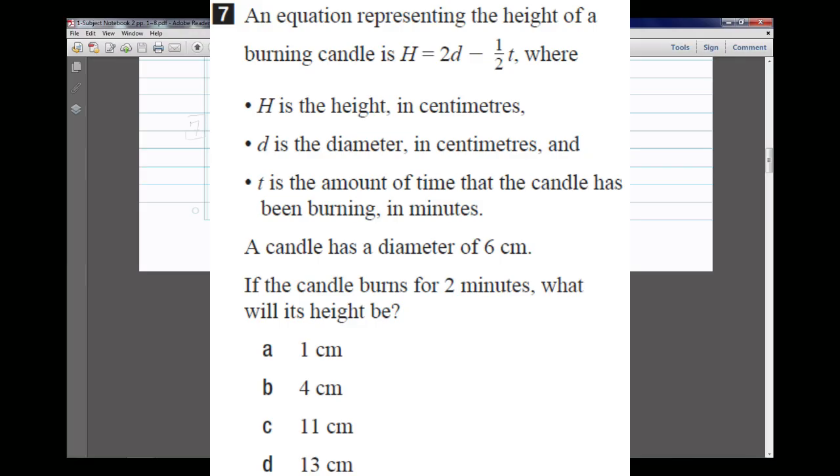We're now looking at multiple choice question number 7. And what it says, an equation representing the height of a burning candle is h equals 2d minus 1/2 t, where h is the height in centimeters, d is the diameter in centimeters, and t is the amount of time that the candle has been burning in minutes.